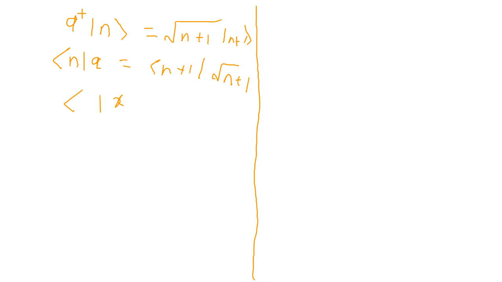Say there was an x acting on 0, so I'm saying that it has to act there. So you write this as a plus a dagger acting on 0.